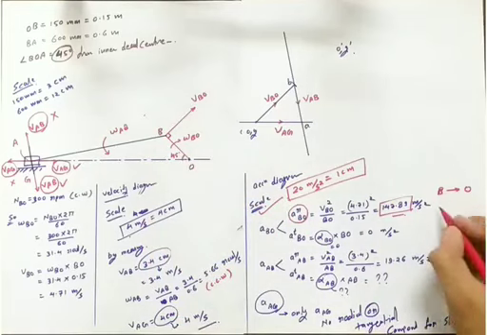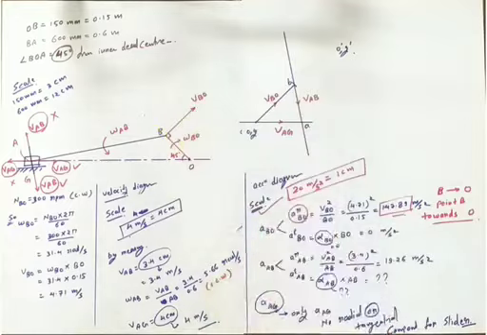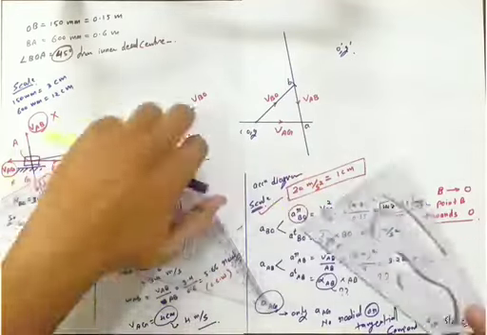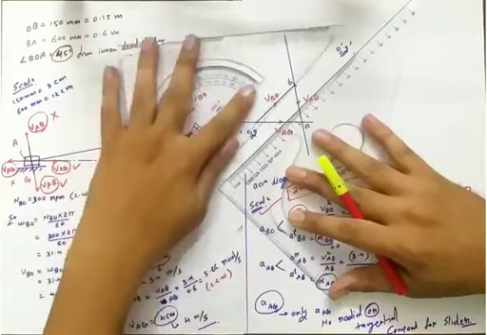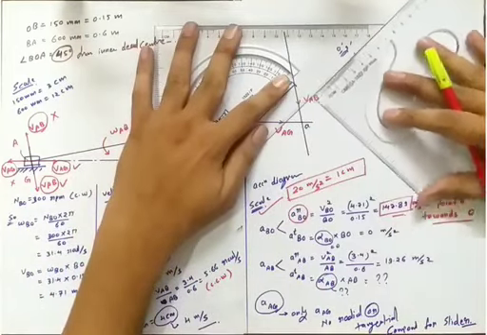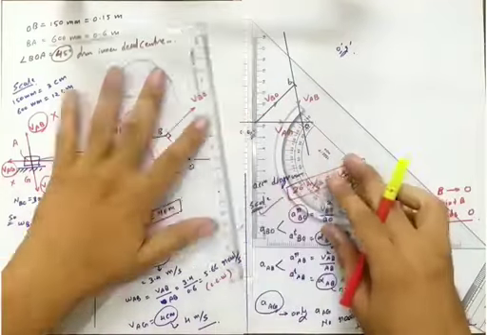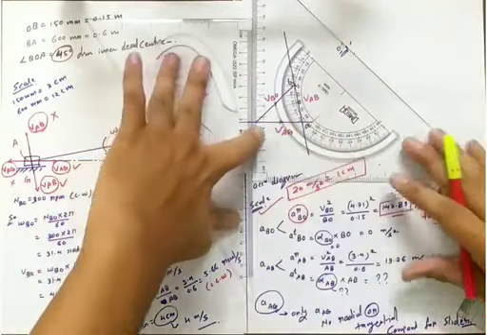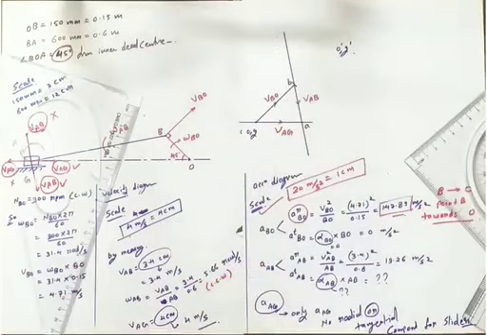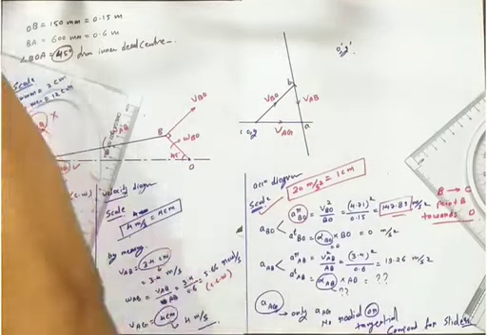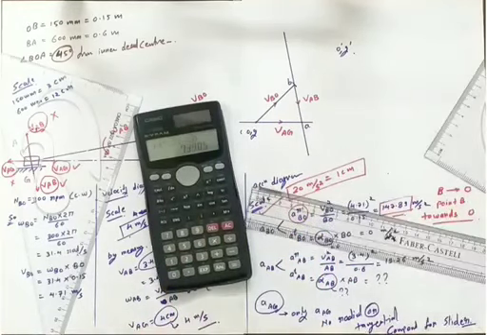So in this question we will mark the fixed point, and for the radial component we have to go from B to O. The center point for OB is O, so B towards O. So you can see we have taken the direction from B to O, and again shifting the same from B to O. According to the scale, this is 7.39 centimeter.